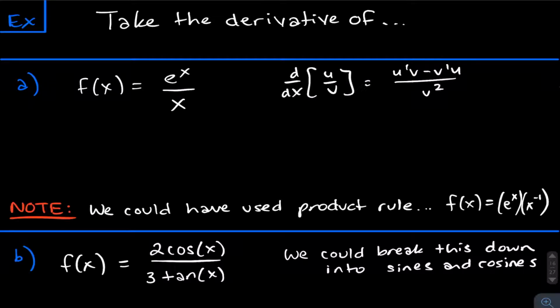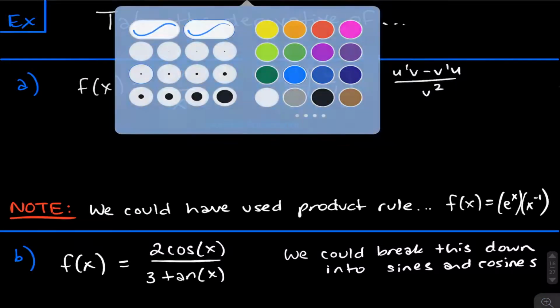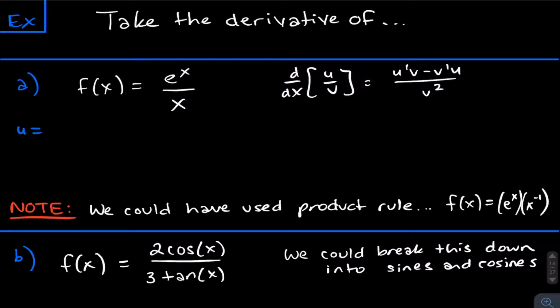And we just have to find what u and v are now. Let's write it over here, in a different color to make it distinct from the other stuff. u is going to equal our top function, e to the x. v is going to equal our bottom function, x.